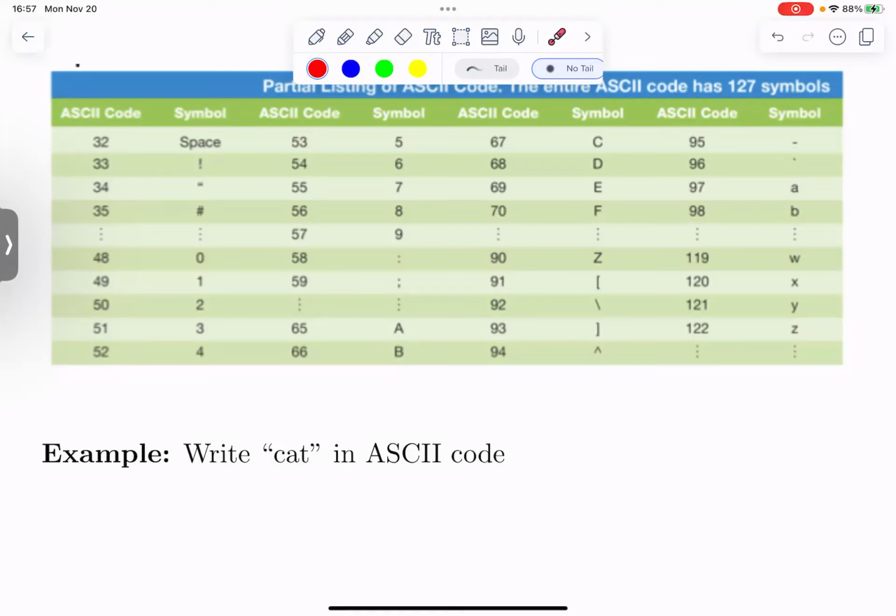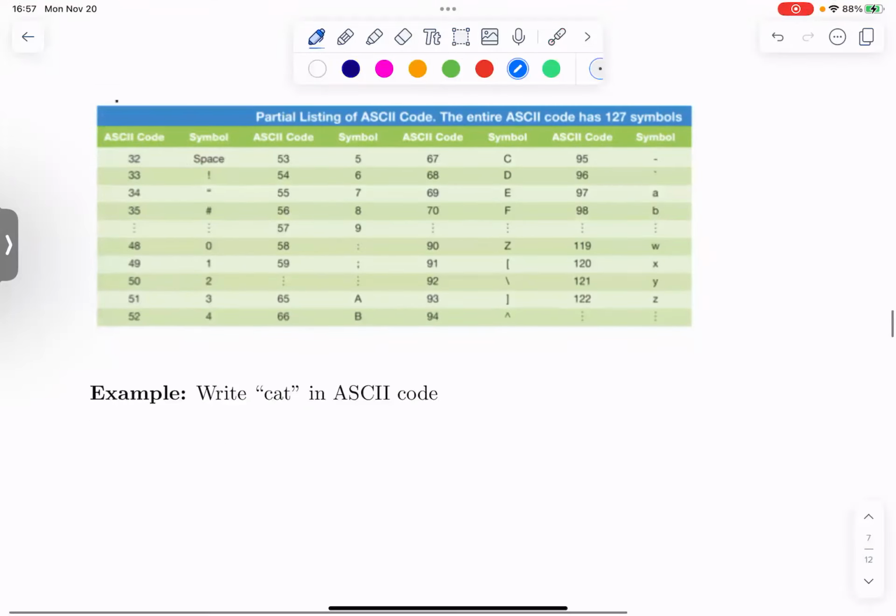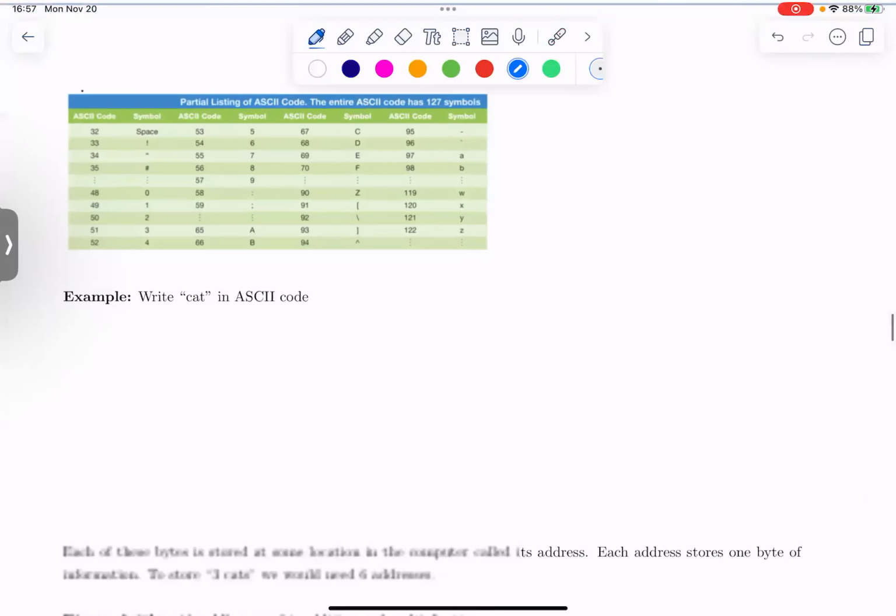It's not on here, but let's write that down. 99, which, so ASCII to binary, I'm just going to steal it. 0, 1, 1, 0, 0, 0, 1, 1.